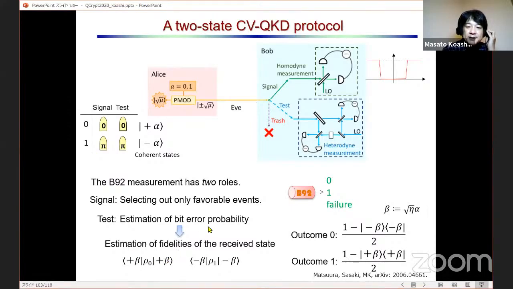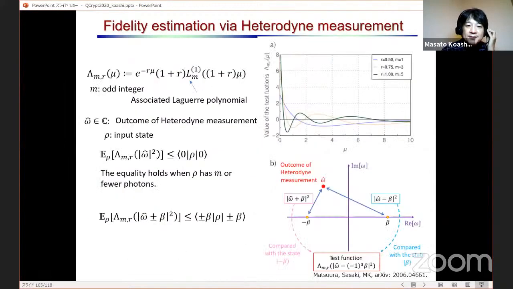This bit error probability measurement by the B92 measurement actually tells you the amount of fidelity, how close this quantity is to 1. The problem in the CV measurement is that you cannot obtain this fidelity. But somehow we found a way to do that by using heterodyne detection.